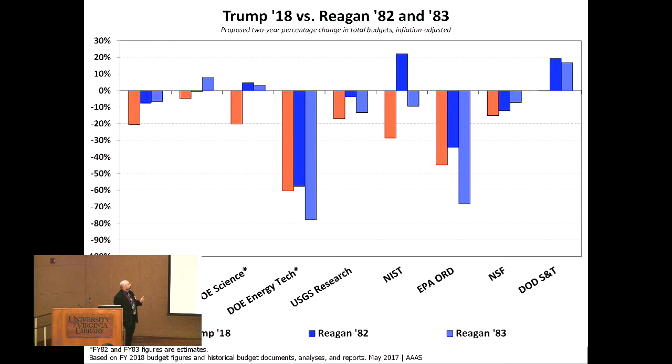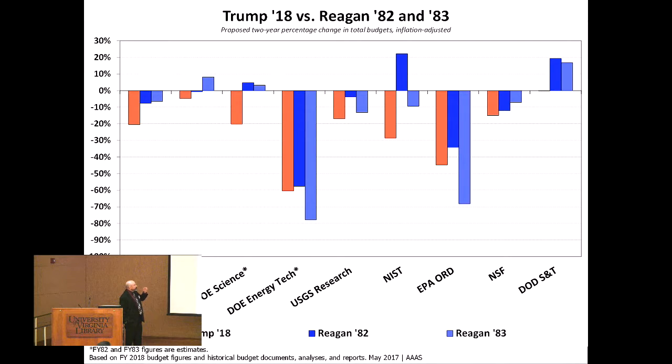And so, to some extent, just like the Trump administration, the Reagan administration, you can see a lot of similarities. Again, skepticism of applied federal science and technology programs, skepticism of environmental programs, research programs.